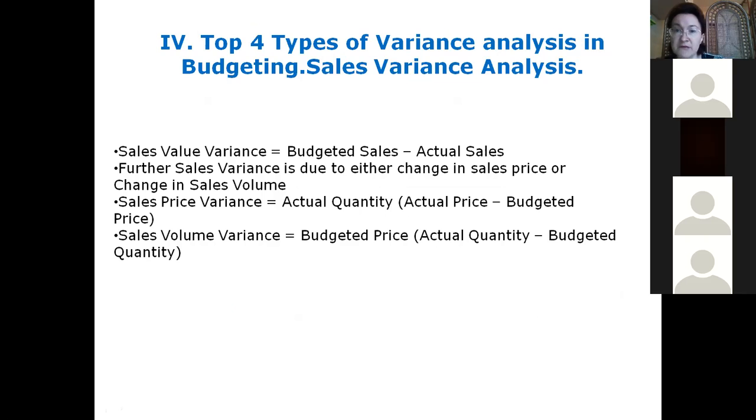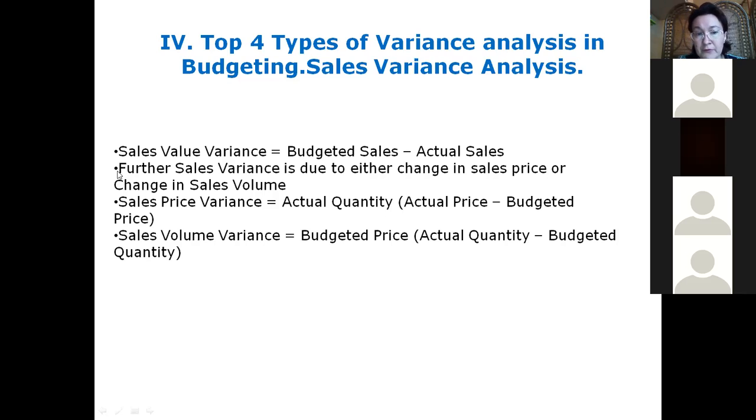In sales variance analysis, we use the following logic. We are getting the sales value variance when we use the difference between the budgeted sales and actual sales. And also we can identify what factors are the main in this type of variance. We can identify the sales price variance and the sales volume variance.